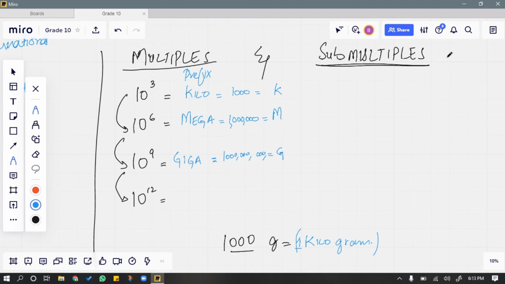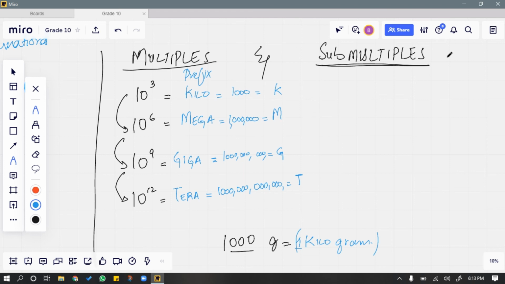So prefixes are very useful in mentioning the exact amount of quantity, whether it's a huge quantity or a small quantity. Similarly, 10 raised to 12 gives you a name which is known as Tera. It has 12 zeros, and its symbol is only T.